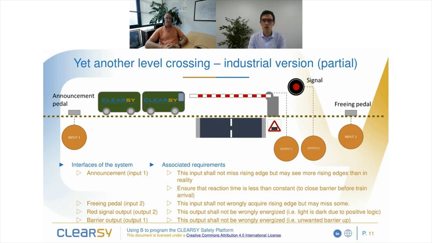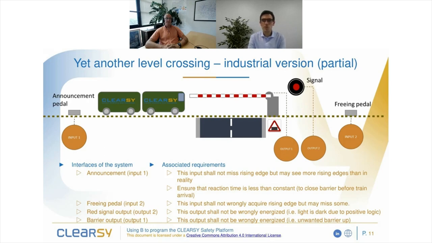For example, for the announcement pedal, what we fear is to miss a rising edge, so to not count an axle that is entering the dangerous area where there is a road. But for the freeing pedal, the feared event is the opposite. In fact, it's to wrongly count an axle that is exiting the area.